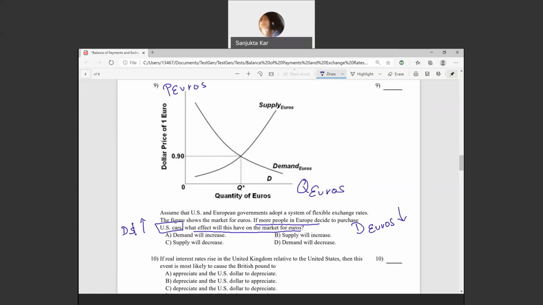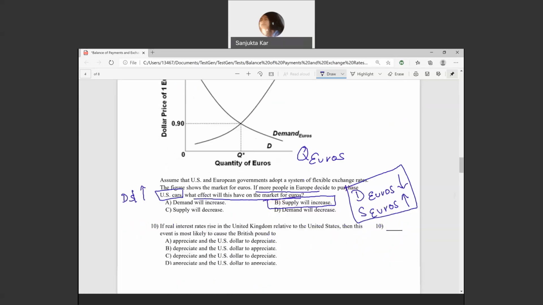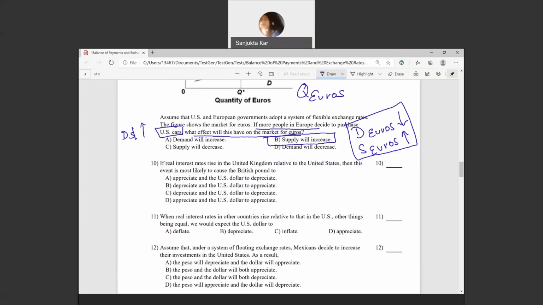These are going to go down, and at the same time, supply of euros is going to go up. It's like for one currency, the demand curve and the supply curve move simultaneously, but in the opposite direction. This question is tricky, I understand.